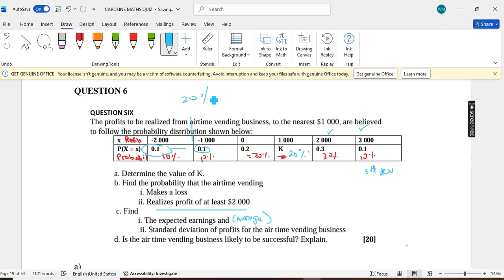Then there is a 10% chance you break even. No loss, no profit. Then for the profits, 20% plus 30% plus 10%. There is a 60% chance you make a profit.